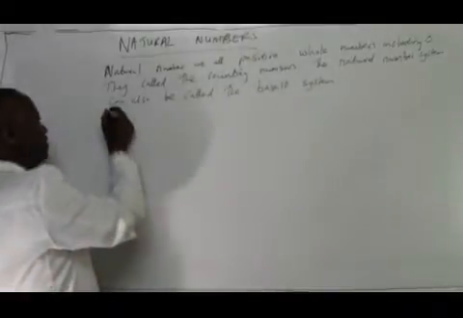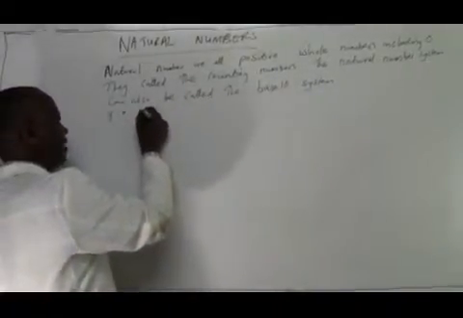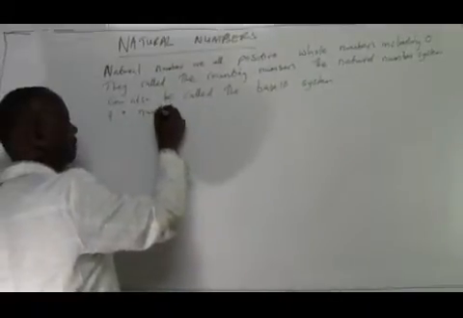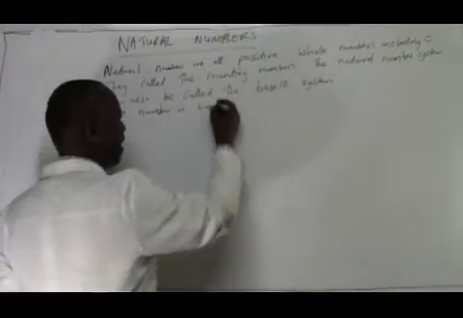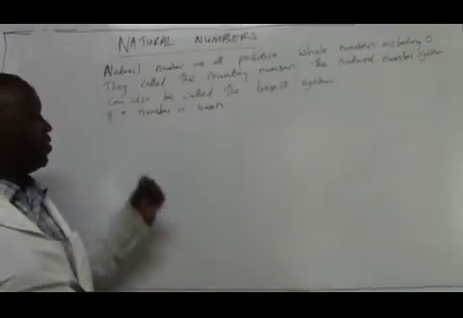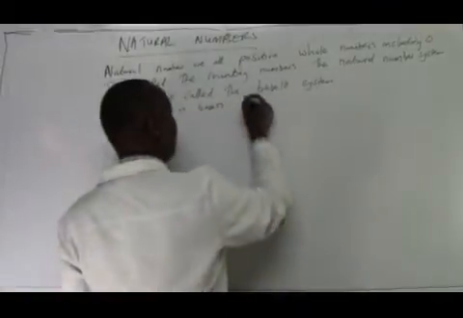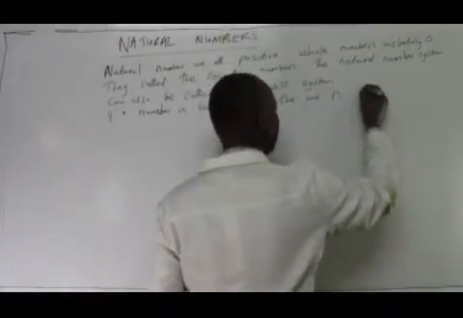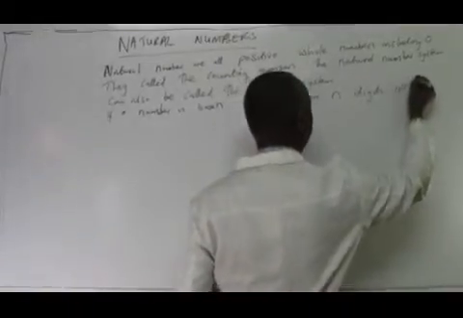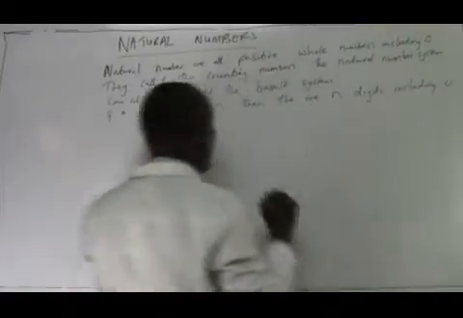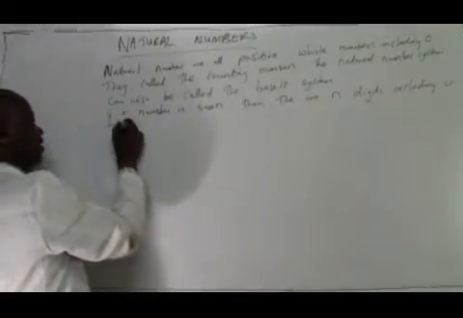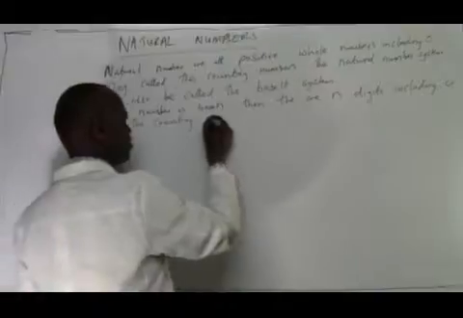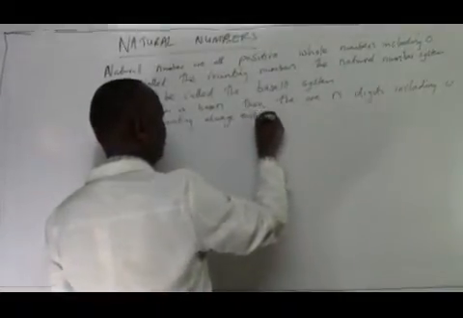We can say that if a number system is base n, that means we are counting in n's, then there are n digits including zero, and the counting always ends in 10.